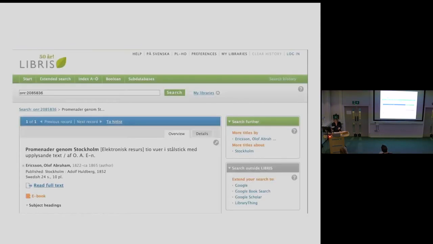And this is just a very typical example of this. This is a so-called view album. It was a very popular type of publication in the 19th century, and basically it is a number of pictures with bylines that is bound together as a book. And sometimes it has a very short introduction.